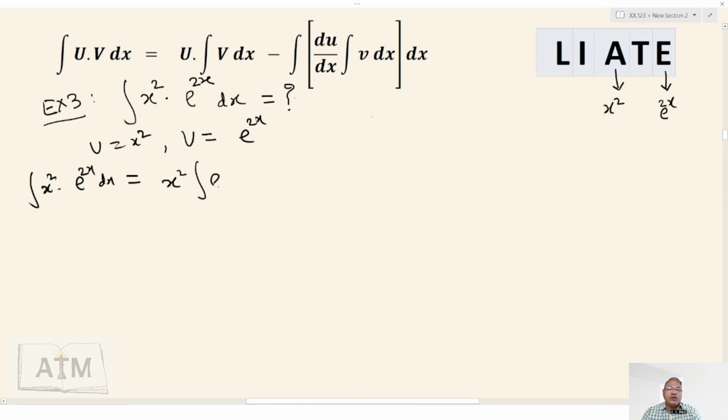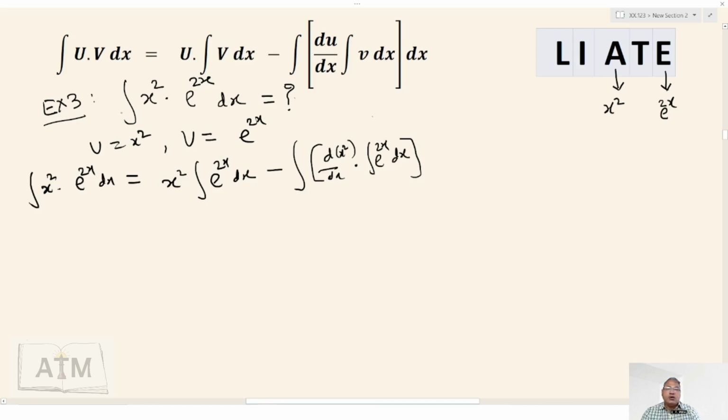Integration of v, that is e raised to 2x with respect to x, minus integration of box. Inside the box, what is there? du by dx, that is derivative of x square with respect to x, integration of e raised to 2x with respect to x.